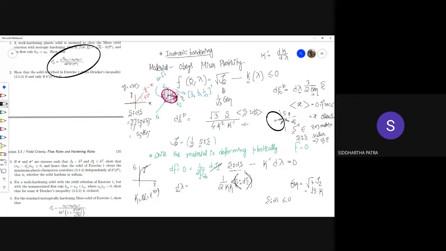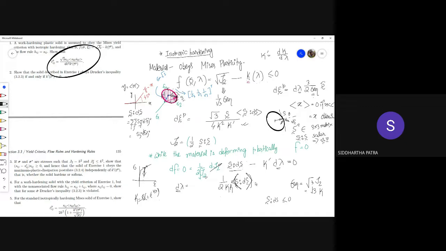What I'm trying to say here is that when this quantity is negative, that doesn't mean d lambda is negative. You are simply not getting any further plastic strain. So when you are unloading, you are only deforming elastically. That we have discussed extensively.